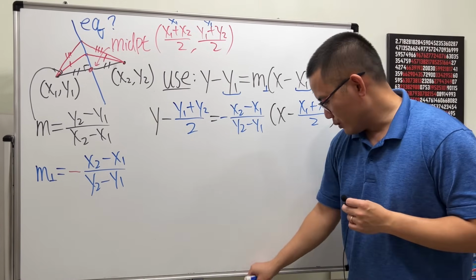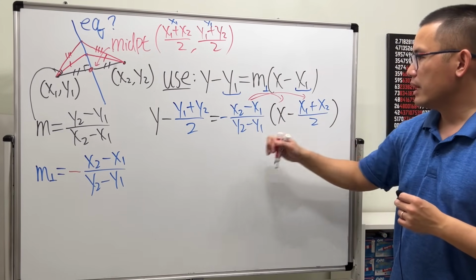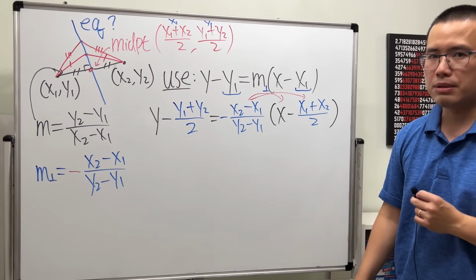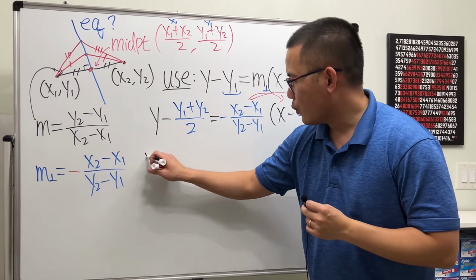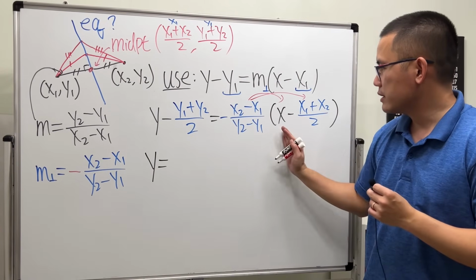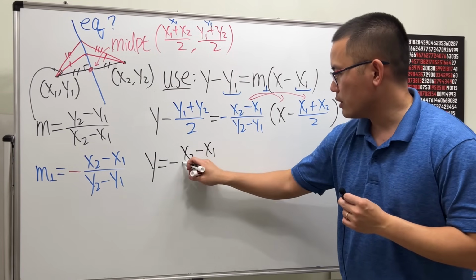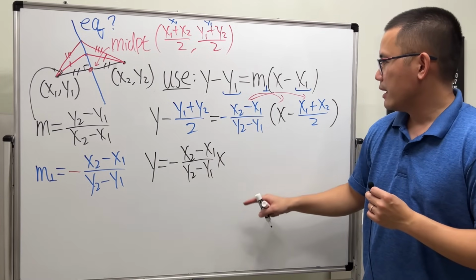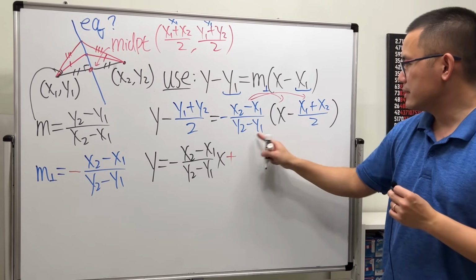And then what we can do next is, perhaps let's take this and distribute it inside, and then move this to the other side, so we get the equation in the y equals mx plus b form. So finally, we'll see y equals, let me work this out first, we get negative x2 minus x1 over y2 minus y1 times x. And then negative times negative becomes the plus, and then we have this times that.